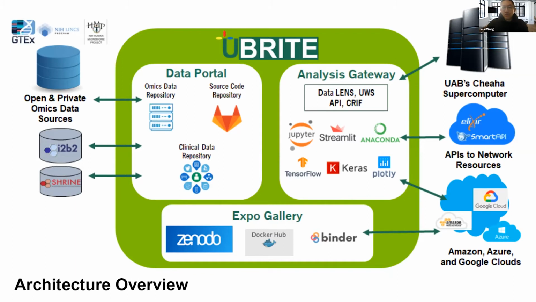But regardless of what a team ends up choosing, what we try to do with U-BRITE is assemble these tools. That includes tool building frameworks like Streamlit and Jupyter, but also libraries of data science, AI, machine learning and visualization libraries, and try to make sure they run well within the commons.